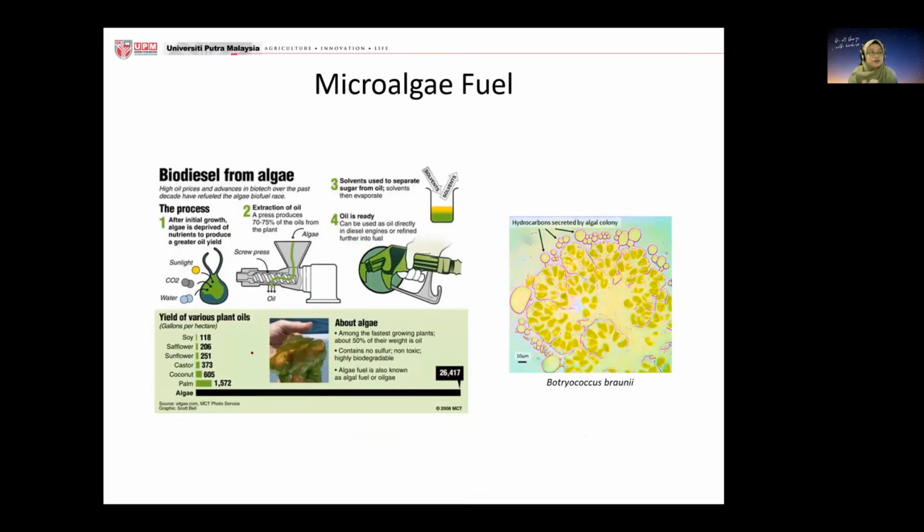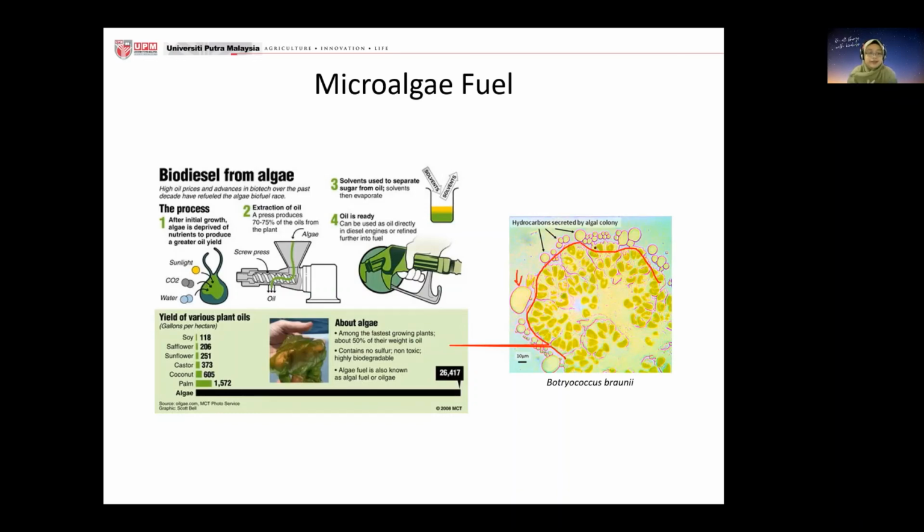So just to give you a perspective on microalgae fuel, traditionally, algae is used to produce biodiesel. Why? Because the cells, depending on the species, so here is one type of algae called Botryococcus braunii, actually secrete oil. If you look under the microscope, this is the cell, and you can see the oil droplets being secreted from the cells.